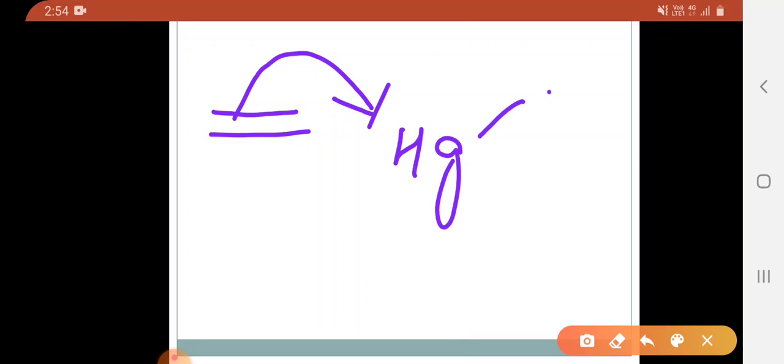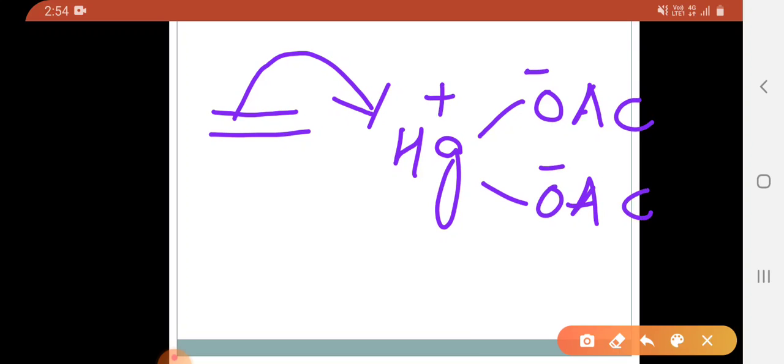So how does oxymercuration happen? This is done with an alkene. For example, this is an alkene. The pi bonded electron cloud goes to Hg, wherein 2 OAc groups are attached. While the pi bonded electrons attack the Hg, one of the OAc is released as a good leaving group.